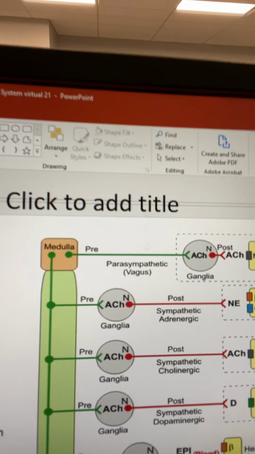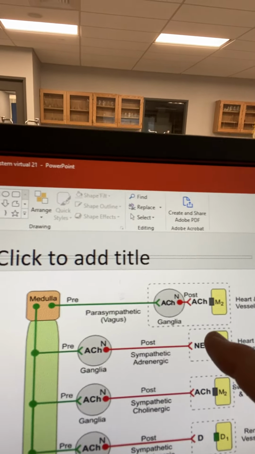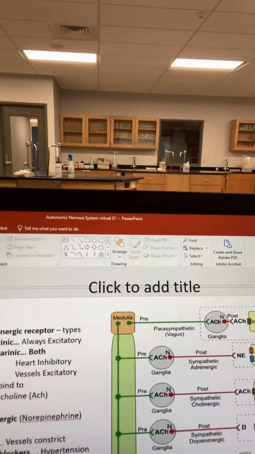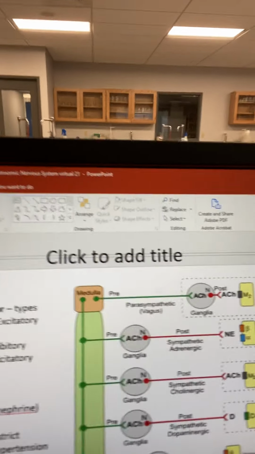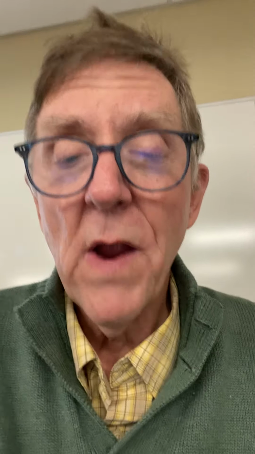But then you notice that we have other kinds of neurotransmitter substances. The primary one for the sympathetic division is not going to be acetylcholine. It is going to be something called norepinephrine. And norepinephrine is the most common neurotransmitter substance used at the effector when we talk about the sympathetic division.